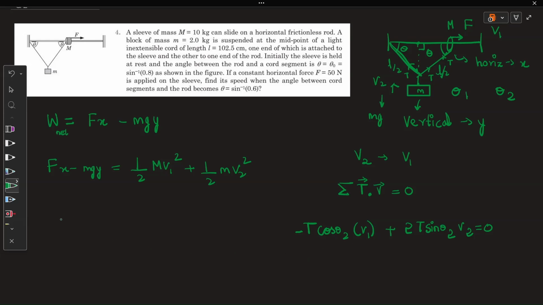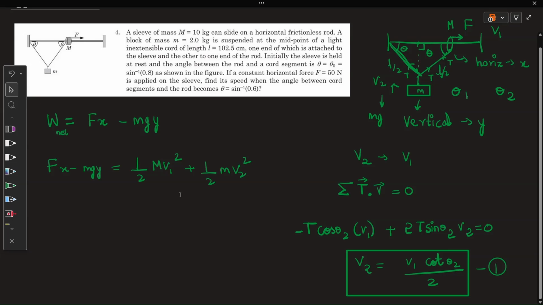So I have to write V2 as a function of V1. V2 is nothing but V1 cot theta 2 whole divided by 2. This is relation 1.